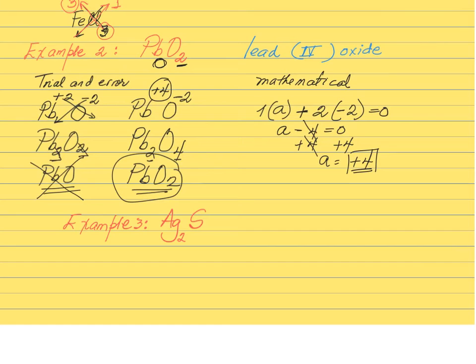So I'm going to start writing the name, because the cation never changes the name. So silver. And I'm going to open a parenthesis over there because, according to you, Ms. Ramos, every time that you have a transition metal and the transition metal has more than one oxidation number, I have to put that over there in my name.